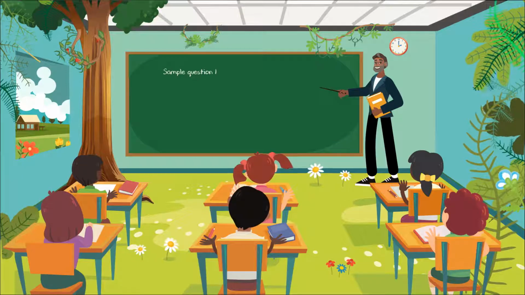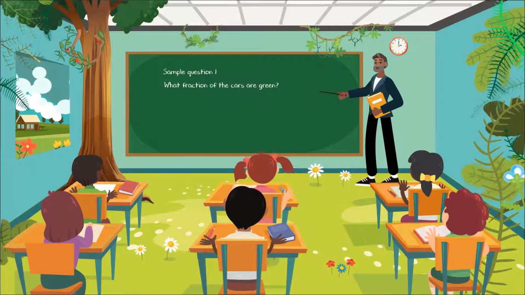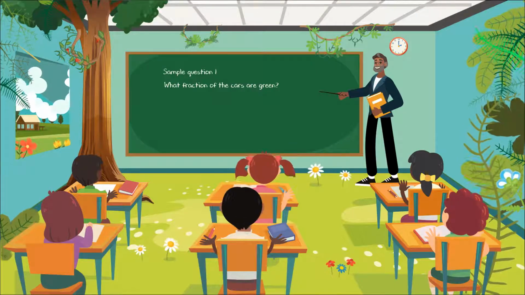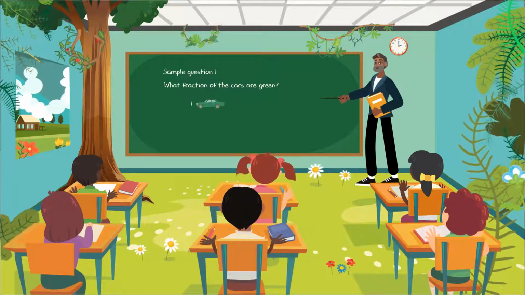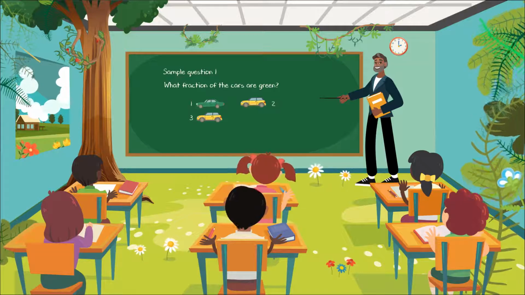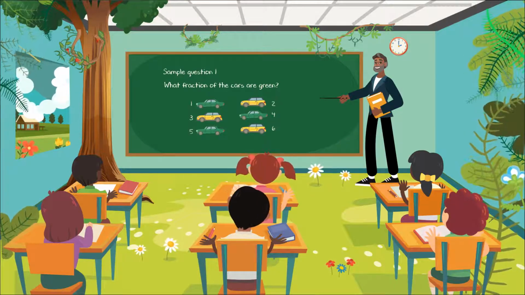Sample question 1. Fractions in a set. What fraction of the cars are green? Step 1. Count the total number of pieces in the set. 1, 2, 3, 4, 5, 6.